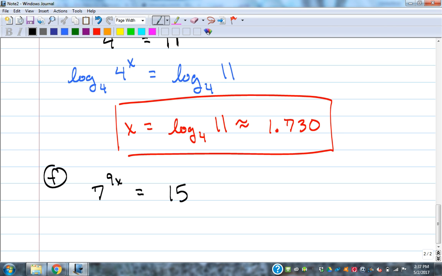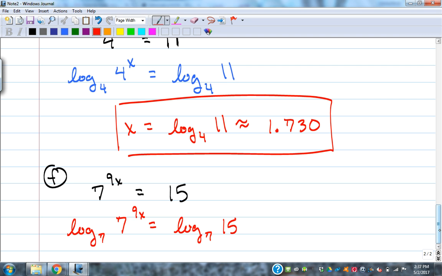They're both odd numbers that don't work out really nicely exponentially. So what can I do to get rid of this base that the x is on? What log could I use? Log base 7.